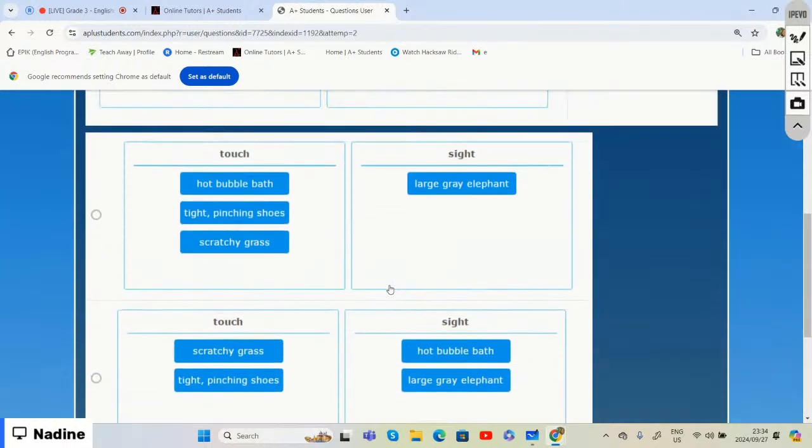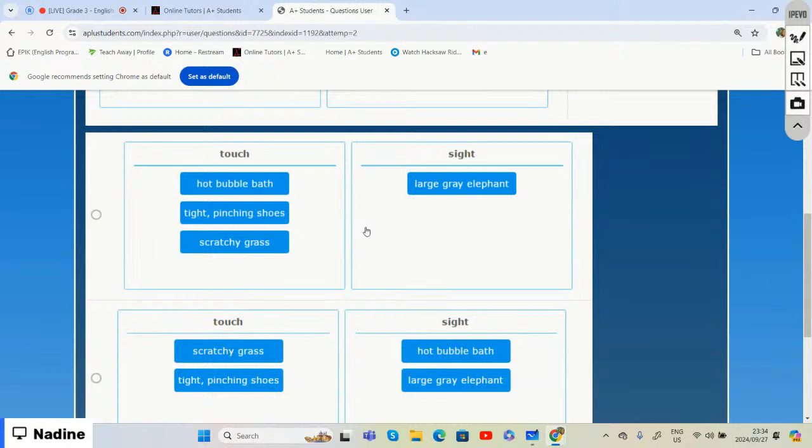If you look at the options given to us, option one: hot bubble bath, tight pinching shoes, scratchy grass. Is that something that you can touch? And the large gray elephant is the only thing that you can see.